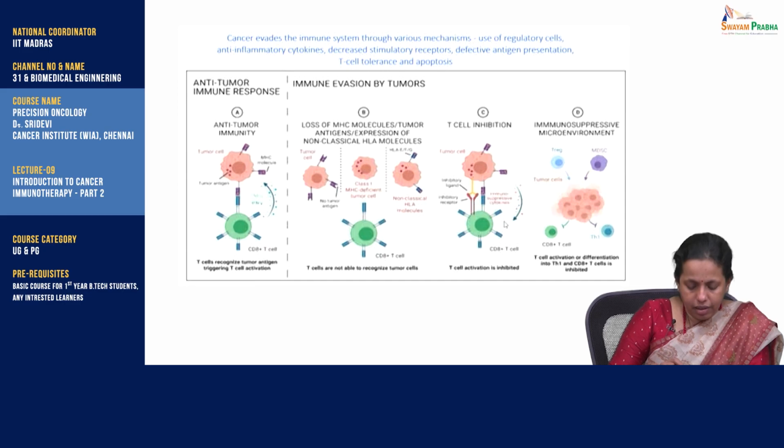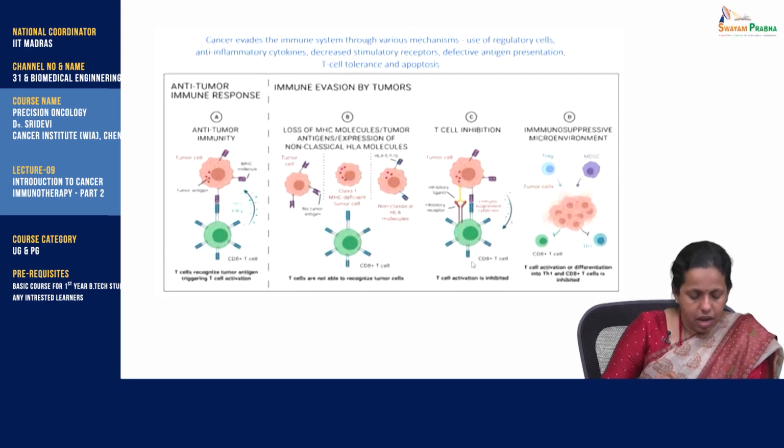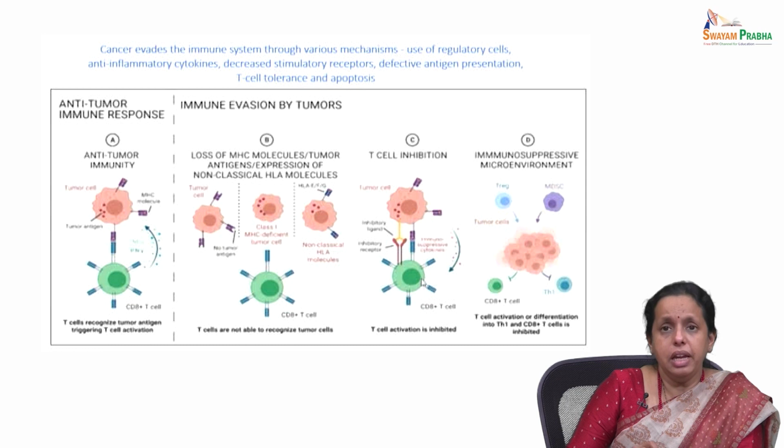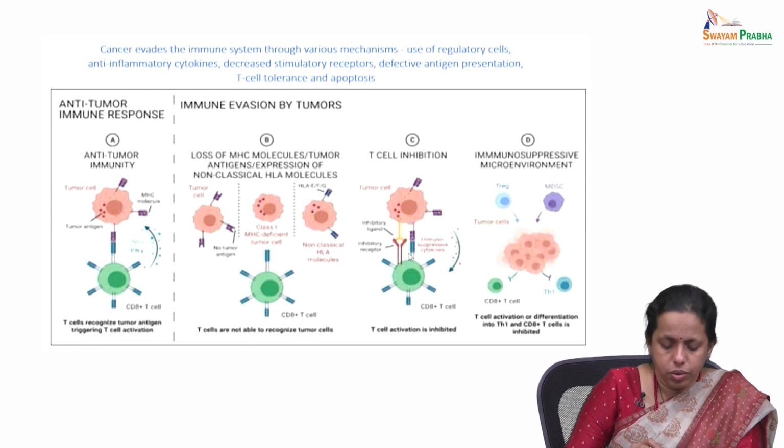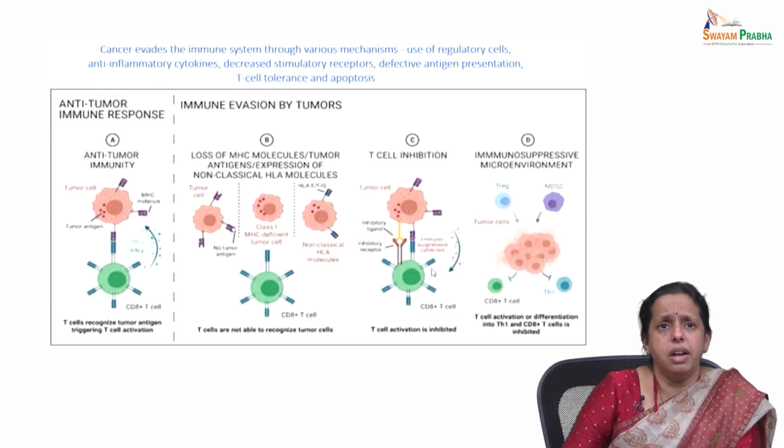Then T cell activation is completely inhibited. How is this happening? Here you can clearly see that T cells are inhibited by the involvement of inhibitory receptors and their corresponding ligands. Immunosuppressive cytokines, which lead to suppression of the anti-tumor response, are expressed.